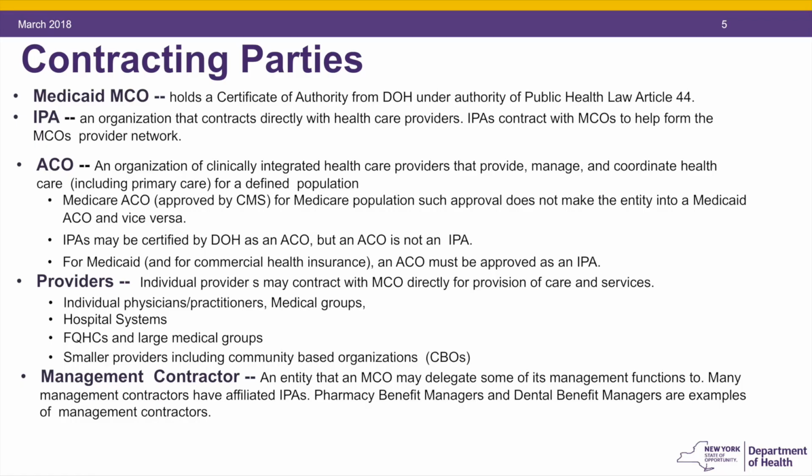That set of IPAs, ACOs, and providers contract with the MCO for provision of healthcare services. The MCO also contracts with management contractors who provide management services. They basically delegate some of their management and oversight services down to these contractors. Examples are a pharmacy benefit manager, a dental benefit manager, or maybe even a behavioral health manager to some degree. Next slide, please. Thank you.